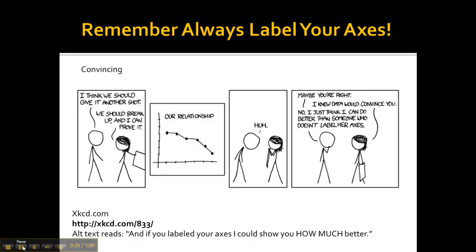And when you're doing this, you need to make sure that you have your labels. Graphs that don't have labels don't tell us what we're comparing. So we need to make sure that we know what we're trying to communicate. So God only knows what she's based this chart on.